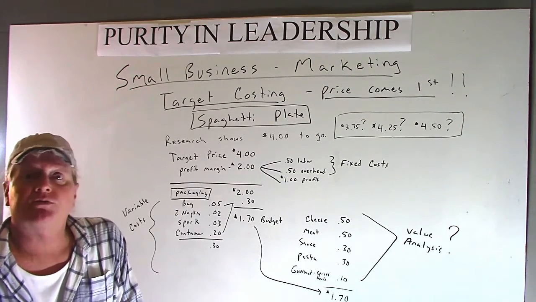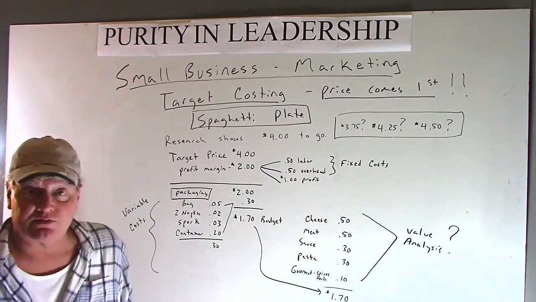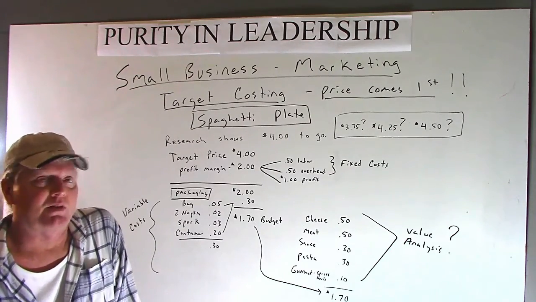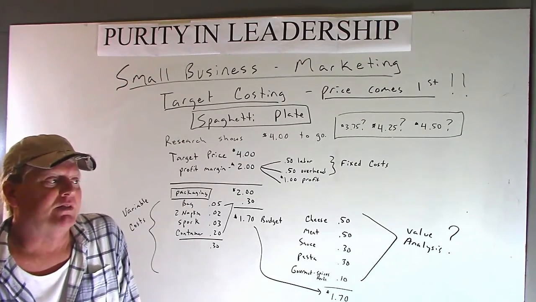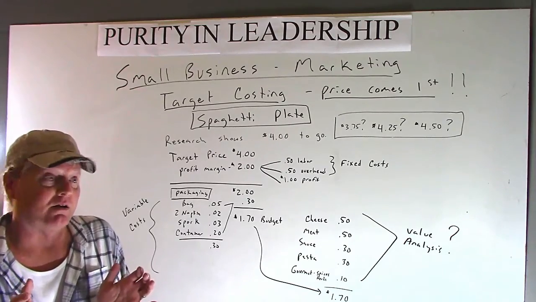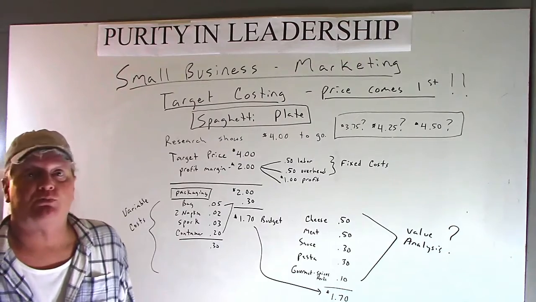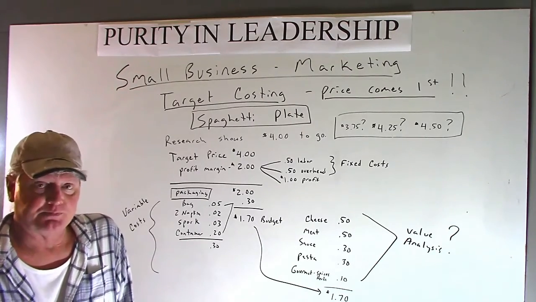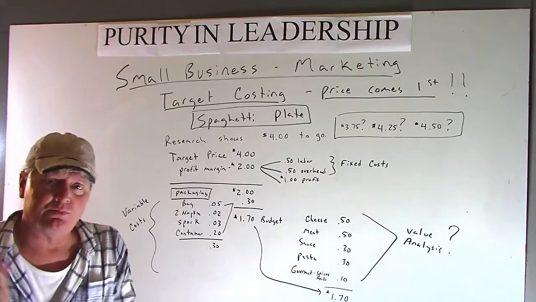example. What if it was our cookies? You know, we want to make 10 cents off the cookie. The people said they're willing to pay 50 cents for the cookie, and that leaves us with 40 cents for ingredients that go into the cookie. If it was a broom, it would be the same thing. People are willing to pay $4 for a broom.